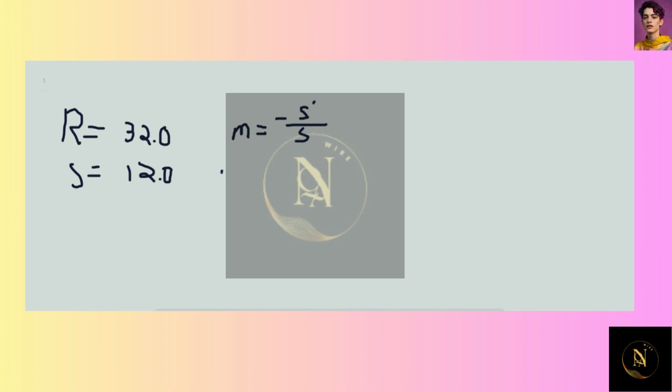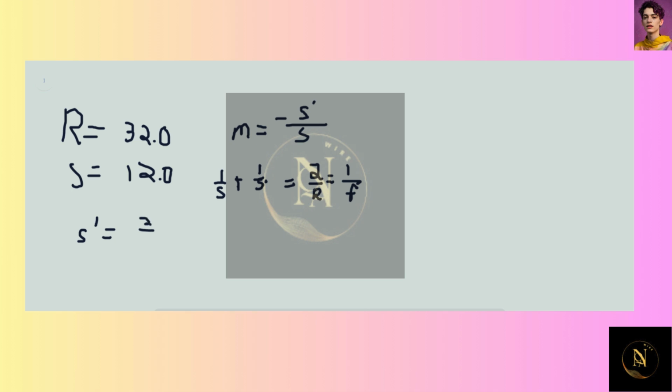And we also know that 1 over s plus 1 over s prime equals 2 over r, or that is 1 over f, where f is the focal length. Now, we can look at this and solve this for s prime.